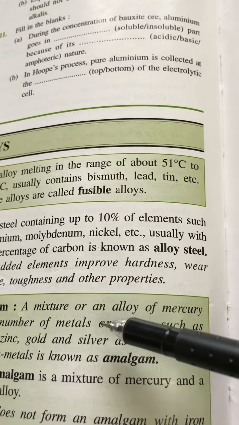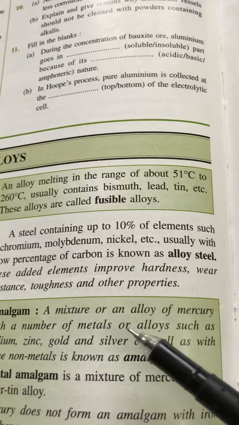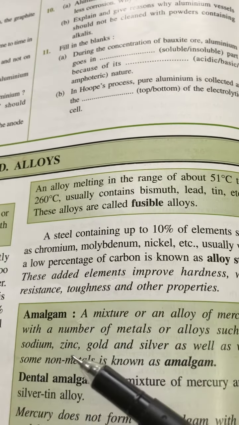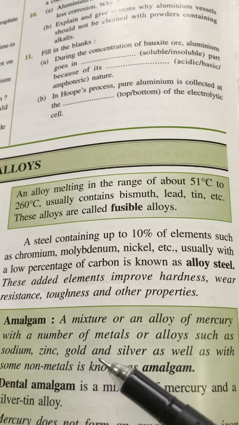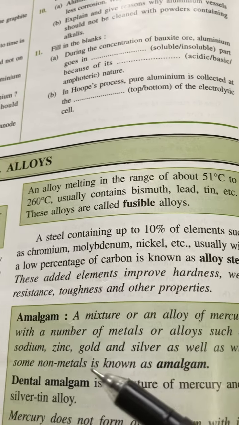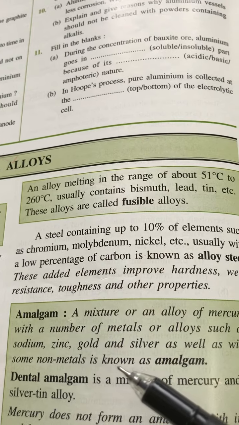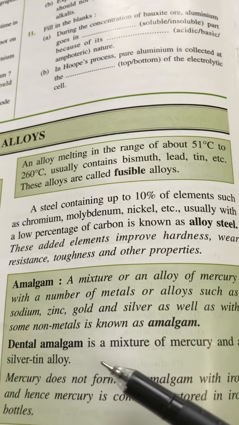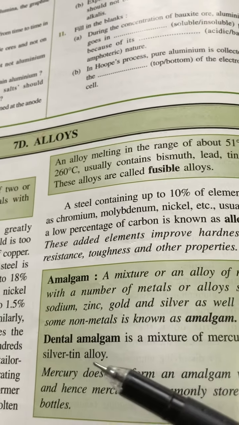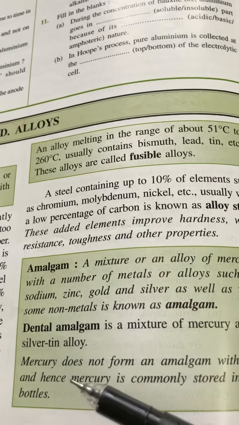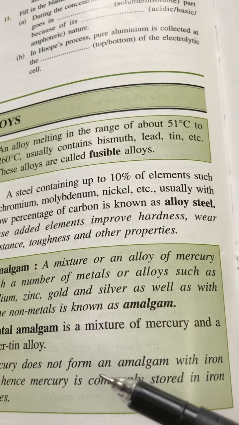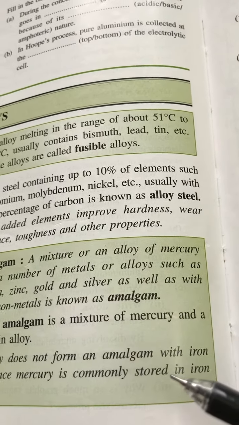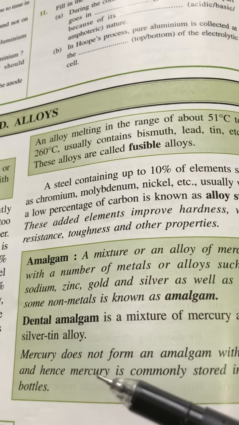A mixture or an alloy of mercury with a number of metals or alloys such as sodium, zinc, gold and silver, as well as with some non-metals, is known as amalgam. Dental amalgam is a mixture of mercury and a silver tin amalgam. Mercury does not form an amalgam with iron, and hence mercury is commonly stored in iron bottles.